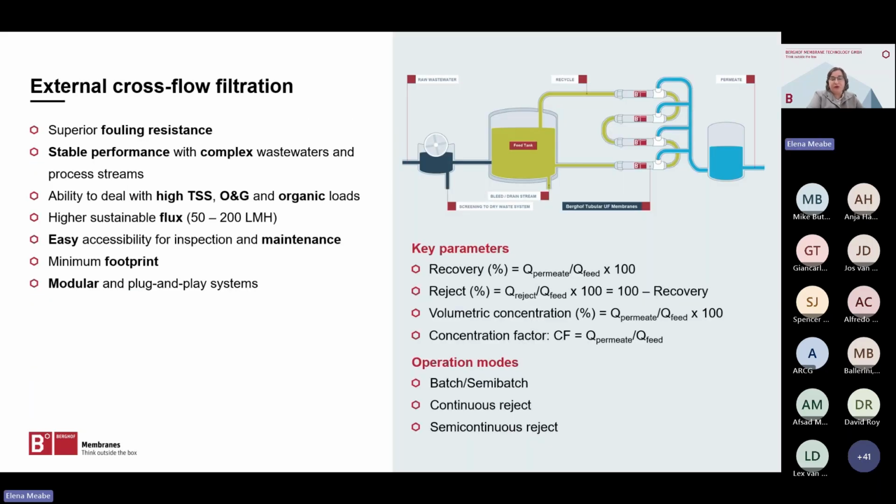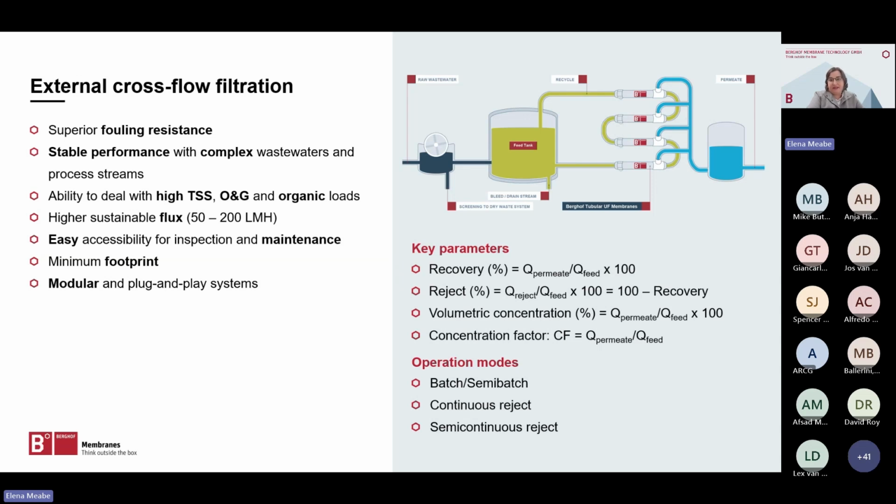Moving on to the next slide, when talking about external cross-flow filtration with tubular membranes, we can highlight some benefits associated with this technology. Due to the membrane configuration and the mode of operation, there is a superior fouling resistance, which allows dealing with the most complex industrial wastewaters and process streams.